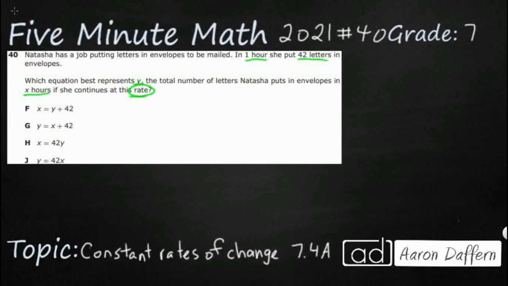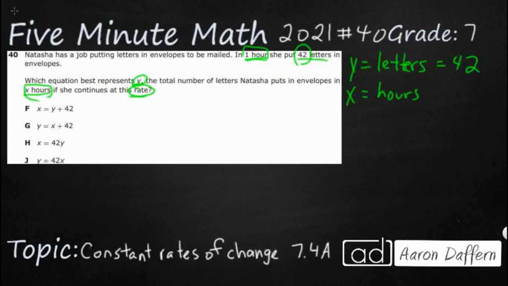So we've got y equals the total number of letters, and they give us a y. So let's say for our purposes it equals 42. And then x is hours, so x equals the hours, and for our purposes, they're going to give us 1.